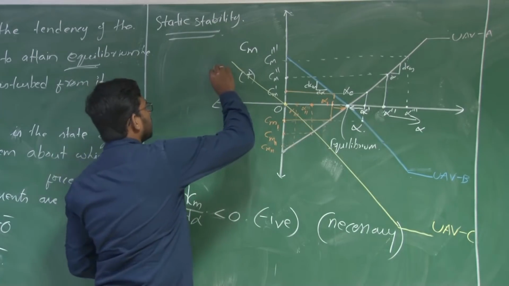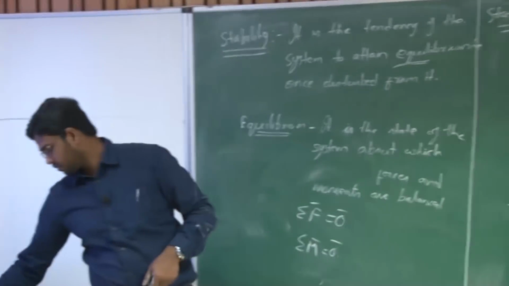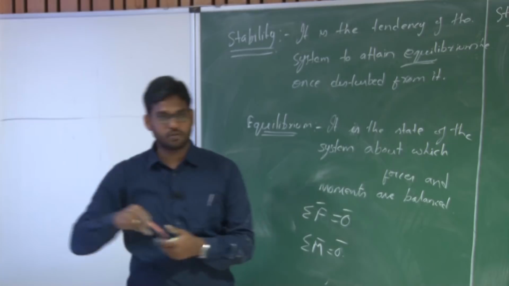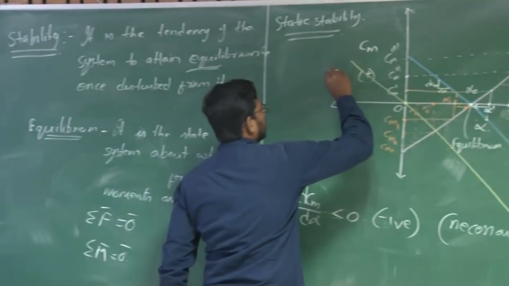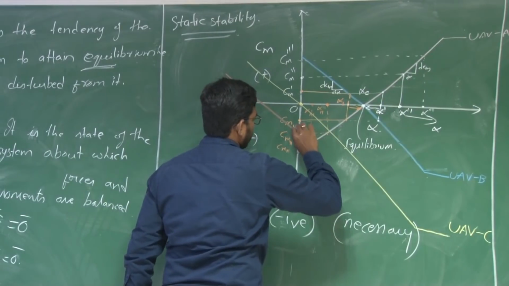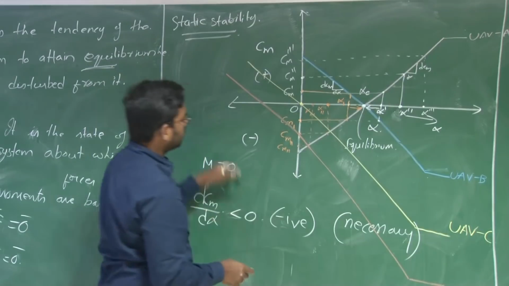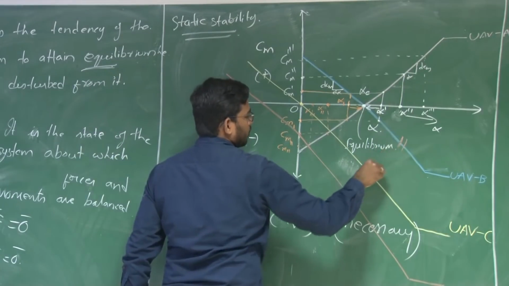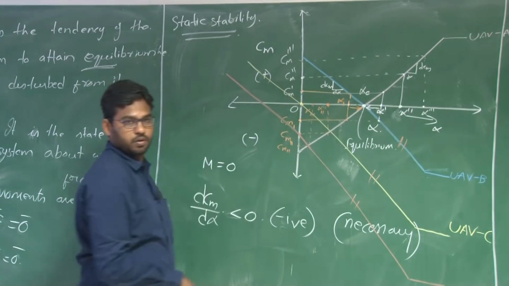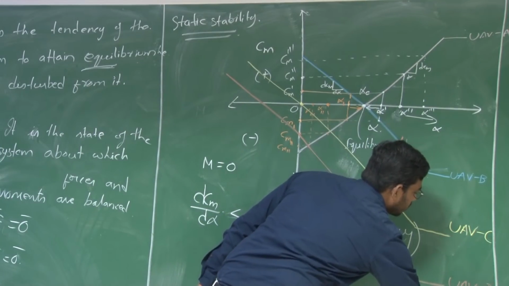So let us have a curve which is offset to this. So these three are parallel, okay. So this is your UAV T.